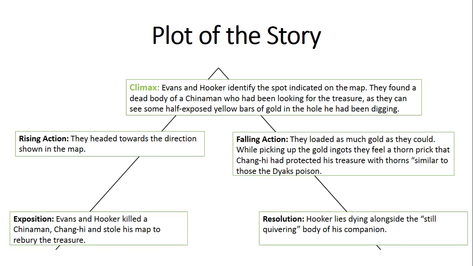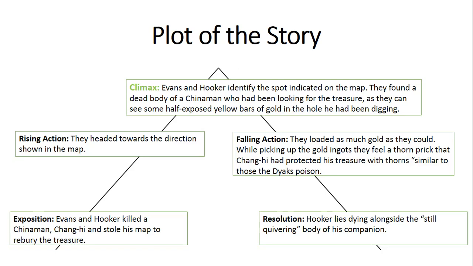Climax: Evans and Hooker identified the spot indicated on the map. They found the dead body of a Chinaman who had been looking for the treasure. They could see half exposed yellow bars of gold in the hole he had been digging. He was reburying the gold, right? They could see the yellow parts half exposed there.